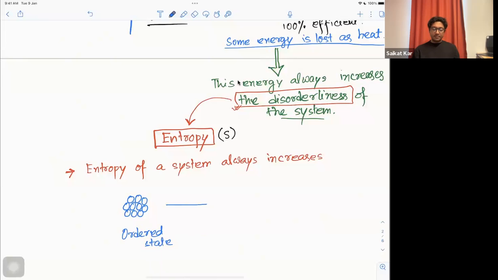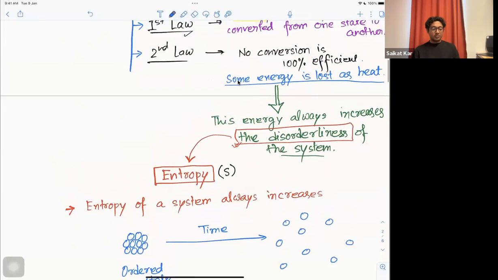As time passes, this ordered state will be disturbed, and this is according to a law, the second law.